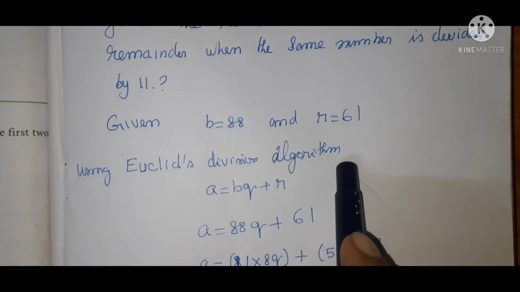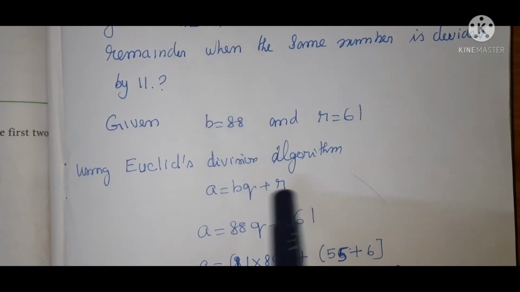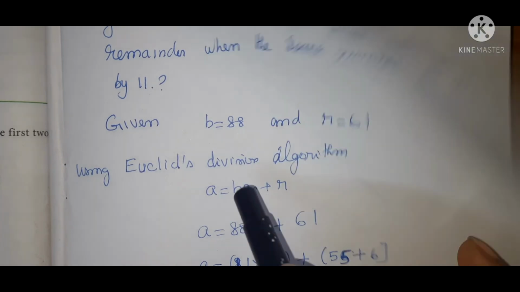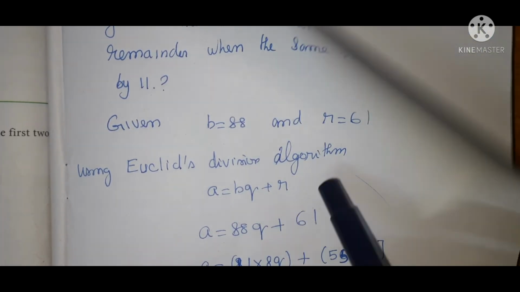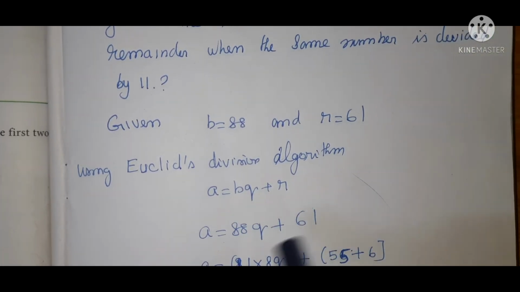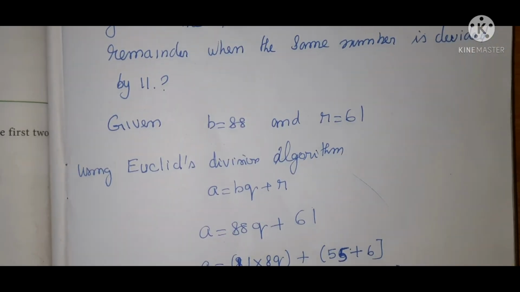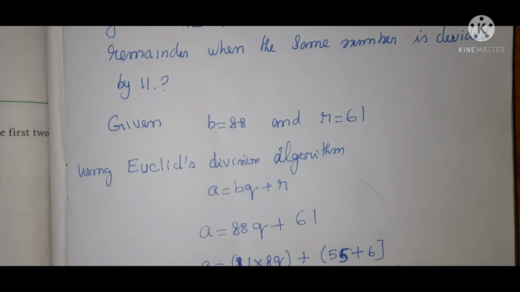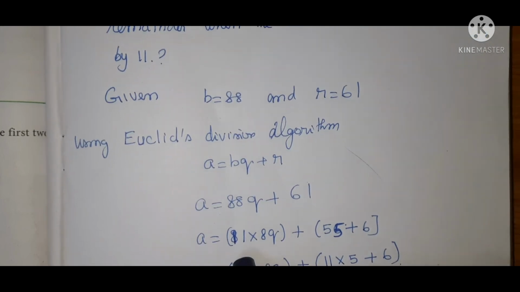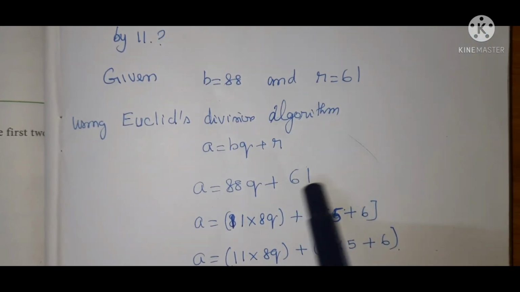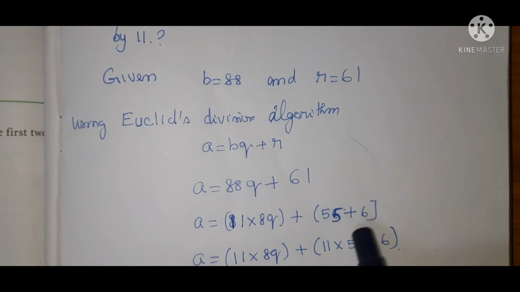Using the Euclid division algorithm, a is equal to bq plus r. a is the dividend, the integer we want to find. a is equal to 88q plus 61. 88 is written as 11 into 8, and 61 is written as 55 plus 6.